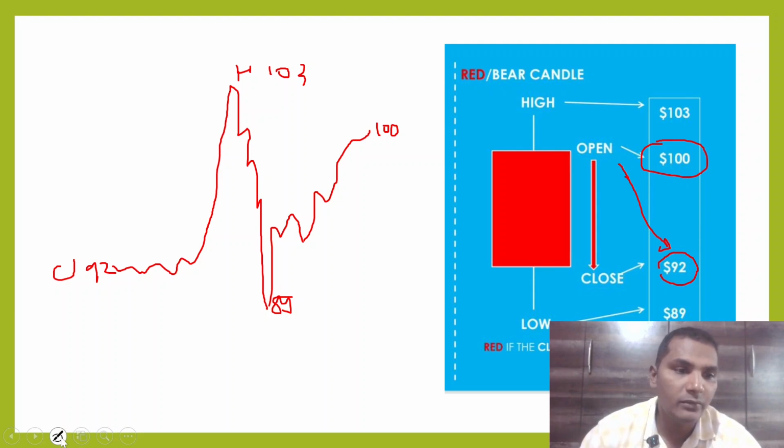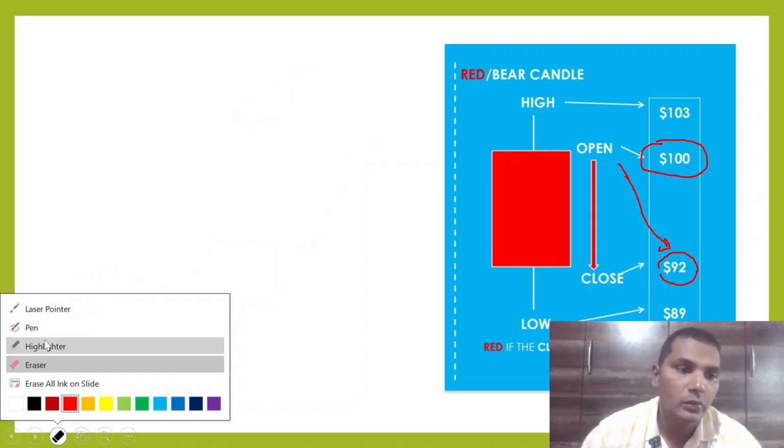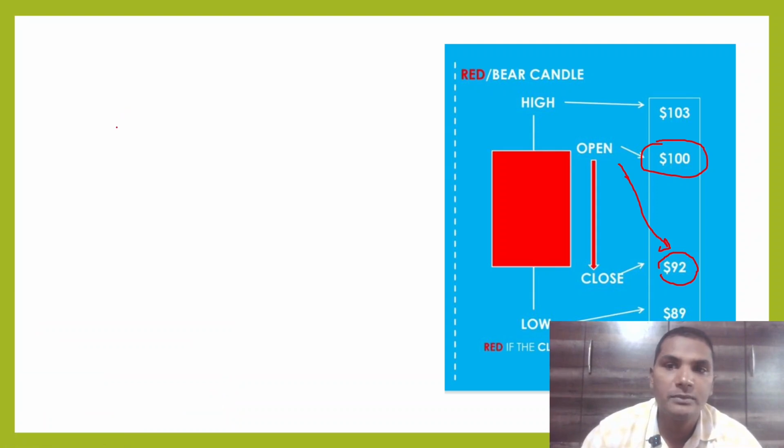In the bearish candle, what happened? Generally, the stock opens at high, but closes at a low level. We can see here, suppose the price opened at 100 rupees at 9:15, and then again there are certain price movements.